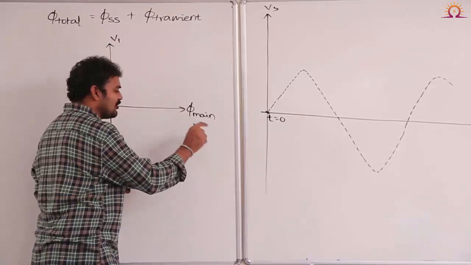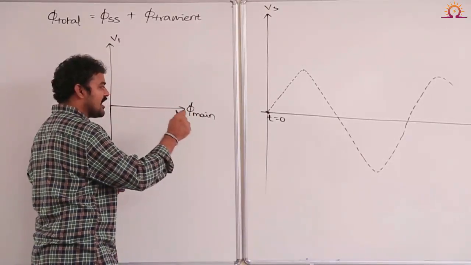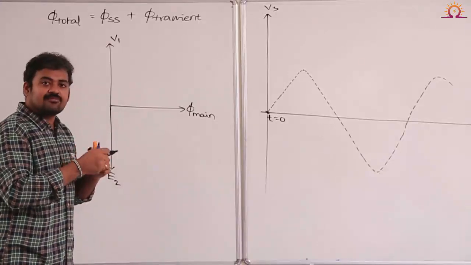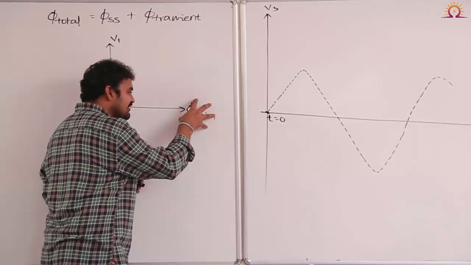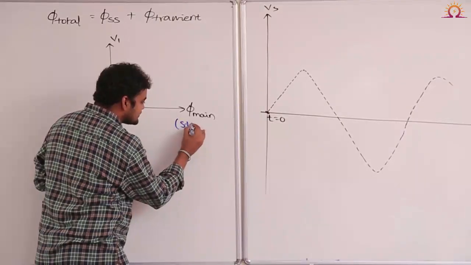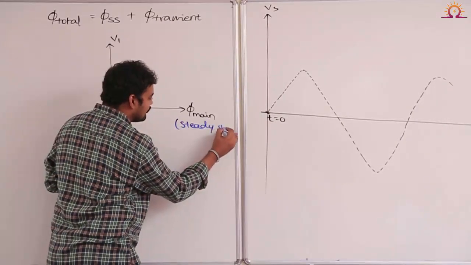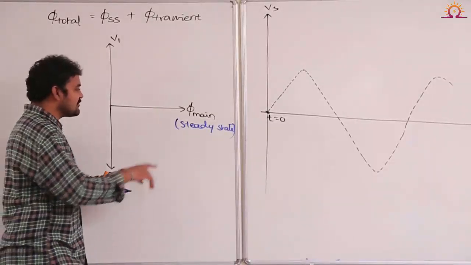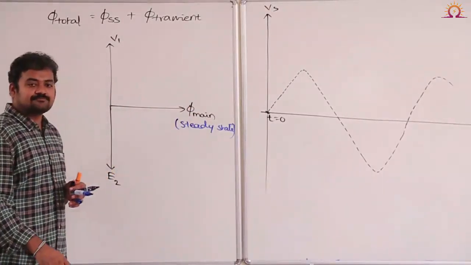Therefore, whether it is no load condition or full load condition or half load condition or starting condition, ending condition, whatever may be the condition, this main field flux does not change. That's why this is the steady state flux component in transformer. This is a steady state flux because it is permanently constant. Okay.